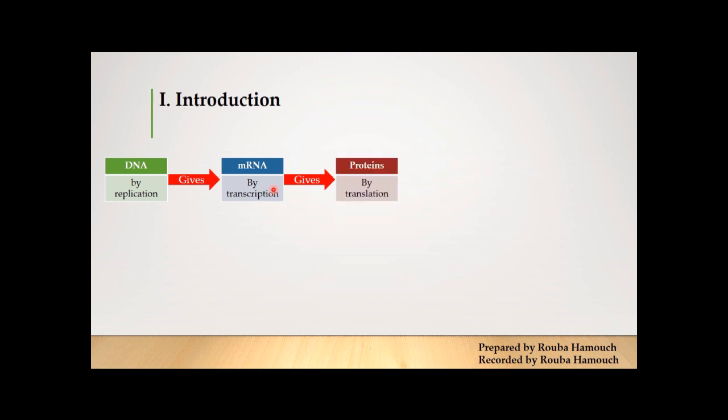As an introduction for this chapter, you know that the DNA is replicated in the nucleus, and the DNA is decomposed into genes. Now the genes, by transcription, give mRNA, messenger RNA, which is an intermediate molecule serving for protein synthesis.